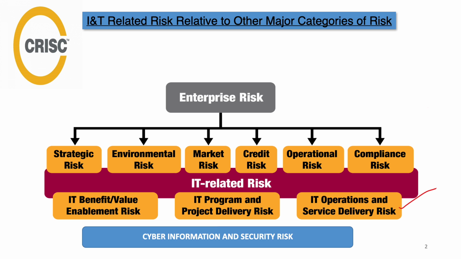IT benefit and value enablement risks are associated with the missed opportunities to use technology to improve the efficiency or effectiveness of business processes, or as an enabler for new business initiatives.